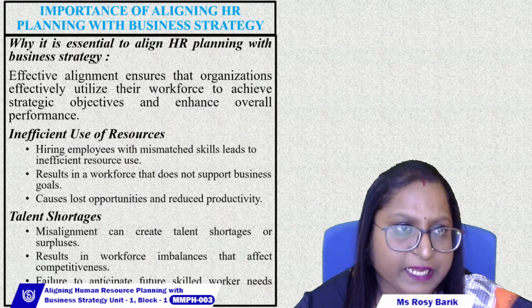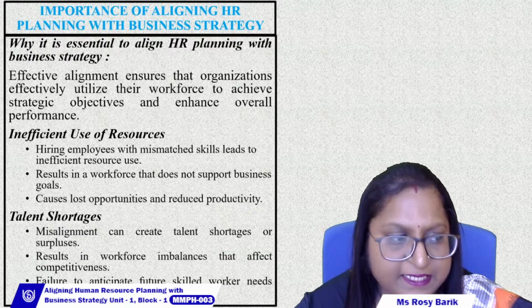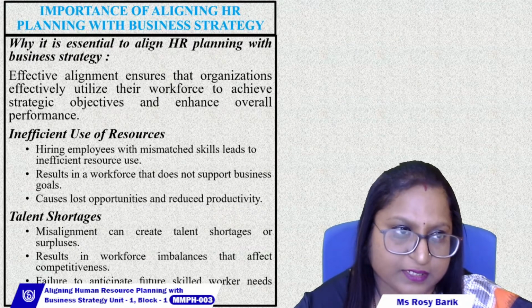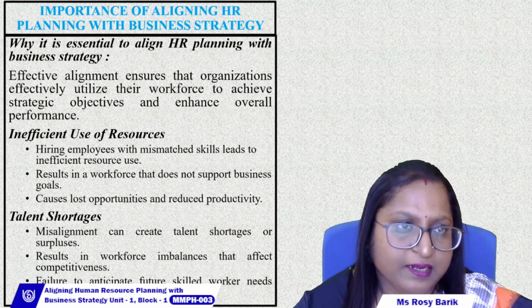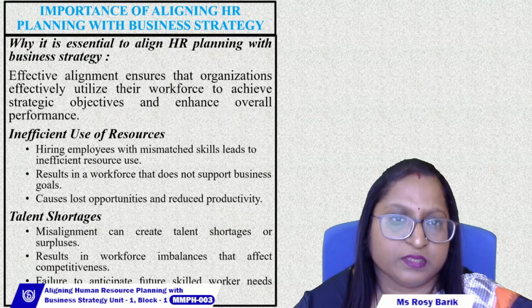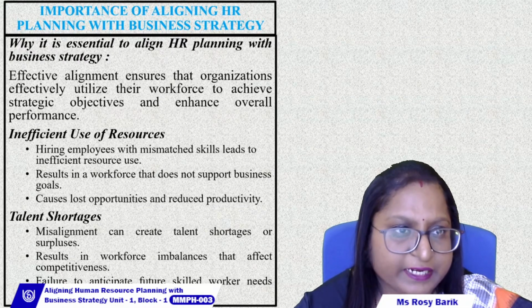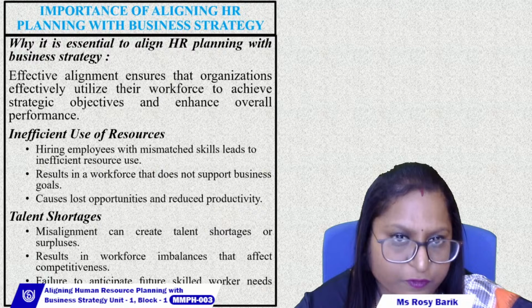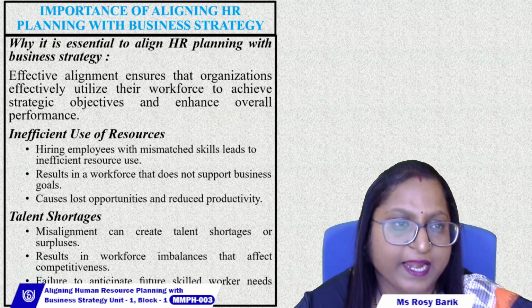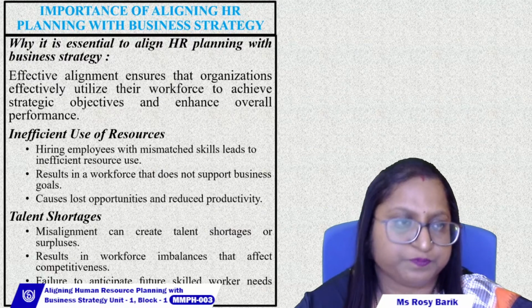Now, we will see why it is essential to align HR planning with business strategies. Here, the effective alignment ensures that the organizations effectively utilize their workforce to achieve strategic objectives and enhance overall performance.